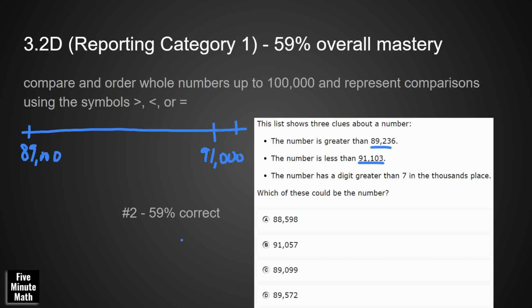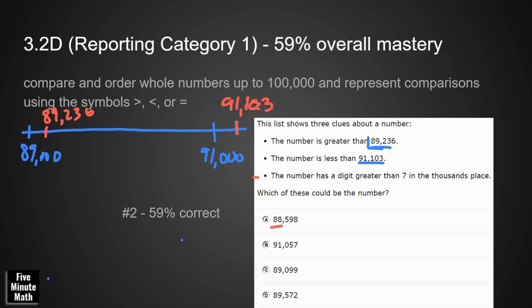The number is greater than 89,236. So 89,236 has to be between that and then my 91. Let's put that on this one, 91,103. First, I just need to find something that's between those two. We'll get into this last one in just a moment.